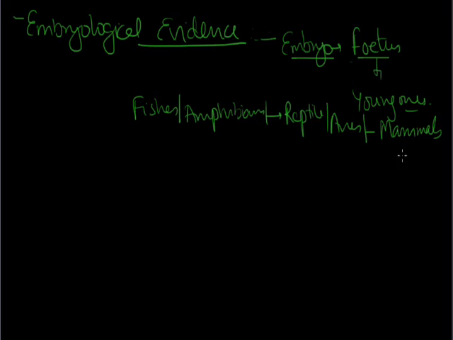Or we can say that during development inside the mother's body, mammals look like a fish-like body initially, then an amphibian-like body, then a reptilian-like body, then an avian-like body, and finally a mammalian body. So this is another evidence which proves that evolution has occurred on the earth.